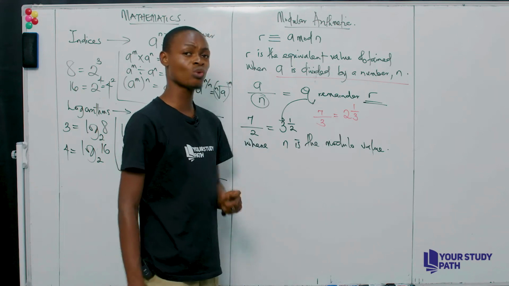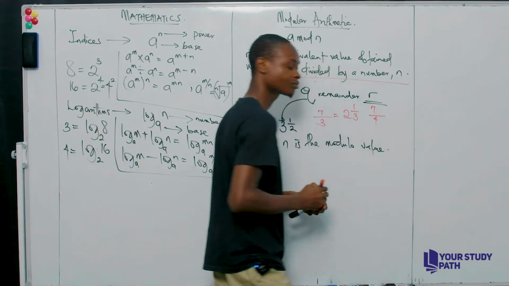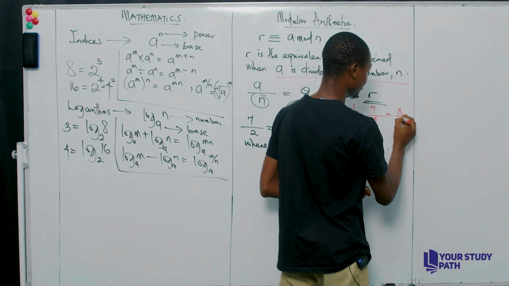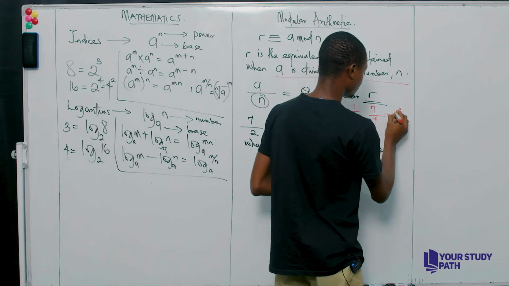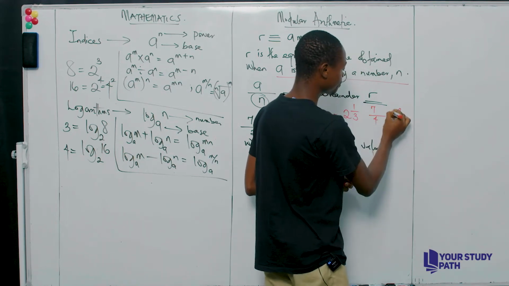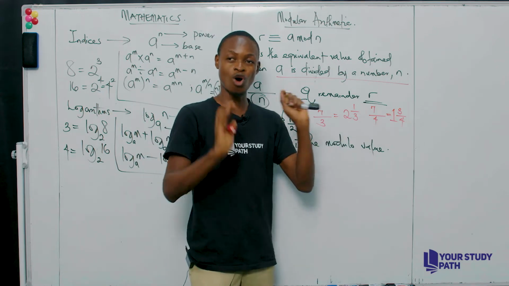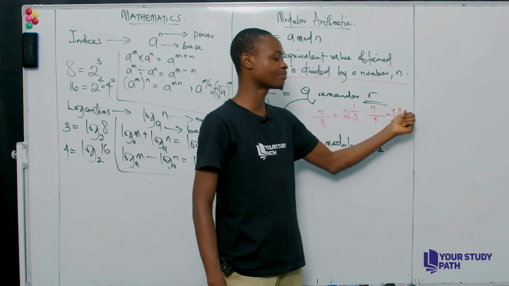However, what happens when you take 7 divided by 4? In this case, you simply have 3 divided by 4, because in essence, you would have 1 whole number 3 over 4, which means that 4 will divide 7 completely just once, and then you would have a remainder of 3.